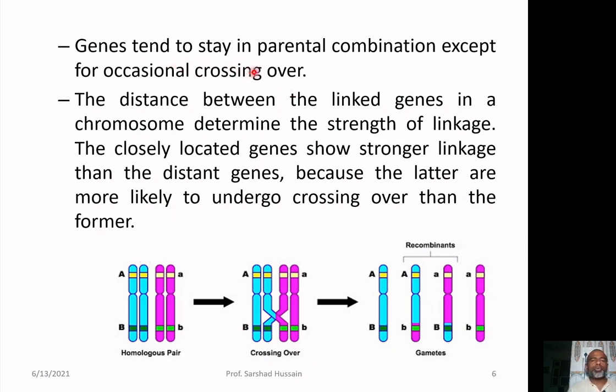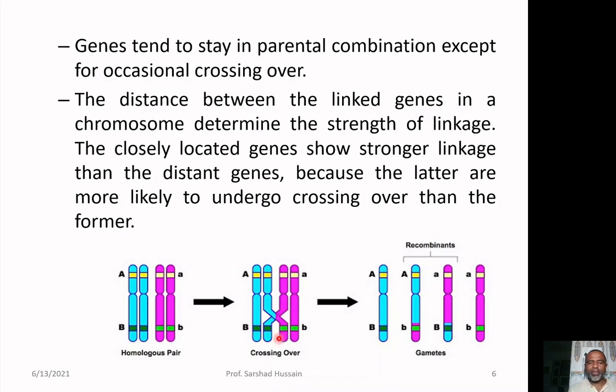Genes tend to stay in parental combination except for occasional crossing over. If the genes are present in a linked fashion, even then sometimes they have a chance, as you can observe in these two chromosomes, that capital A has gone with small b. It is because of the crossing over which you might have studied during meiosis. When crossing over takes place by exchanging segments of the chromosome, one gene may go with the other. Here capital B has gone to this one after separation.